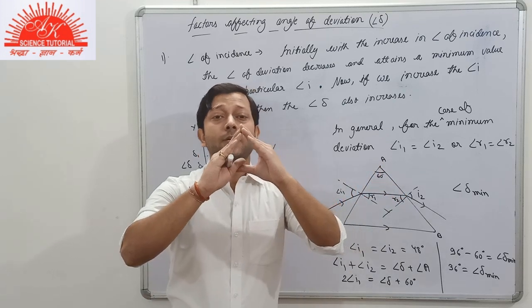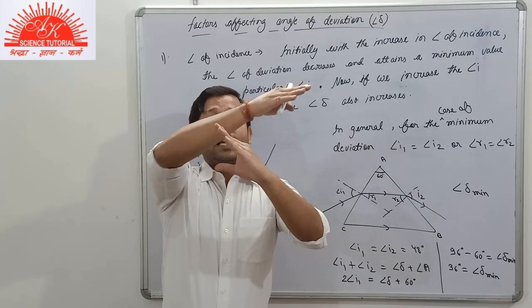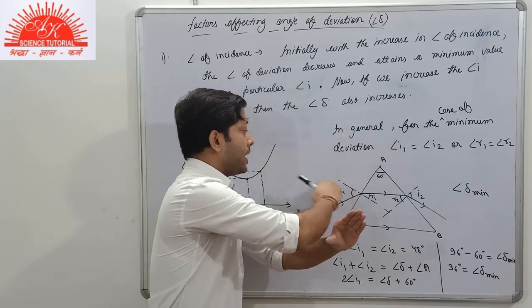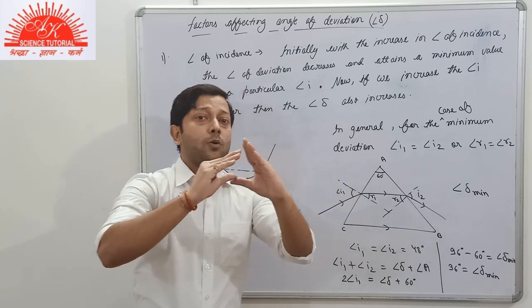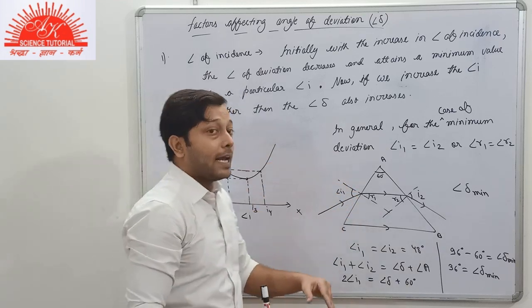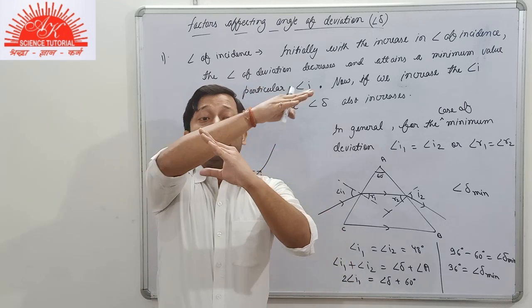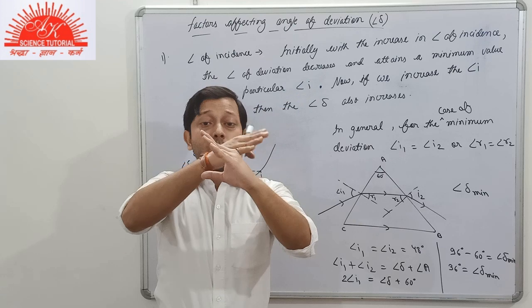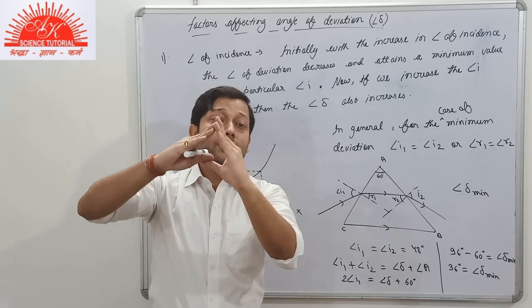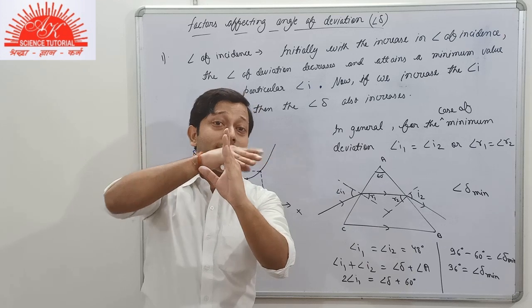Suppose I have a prism here, and some light ray is striking this surface AB or AC. I cannot control this incident ray, but I can change the position of the prism. Suppose this incident ray strikes the surface at this position. Then if I change the position of the prism, the angle of incidence will change.